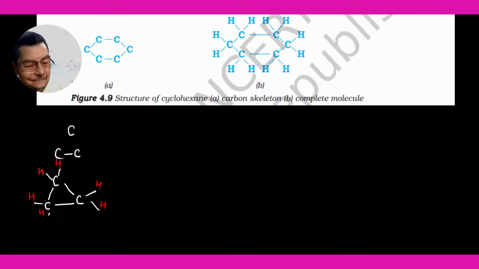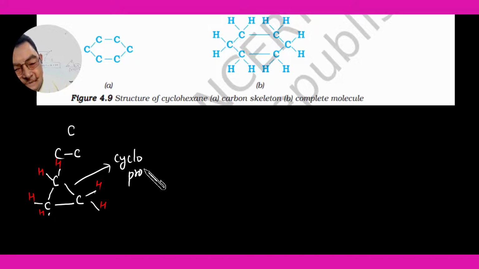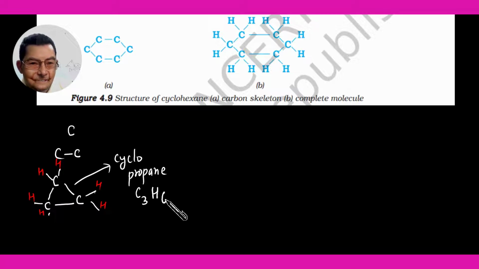Okay, so this, my dear students, is called cyclopropane. A closed structure with all single bonds. But don't confuse the molecular formula. There are 3 carbons, C3H6.